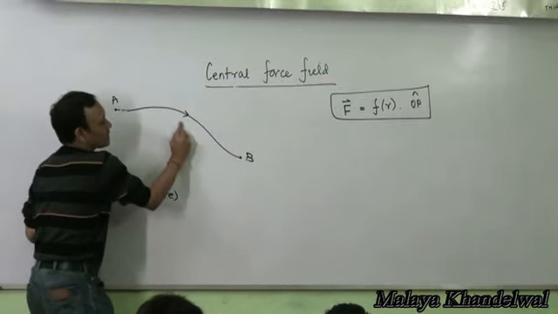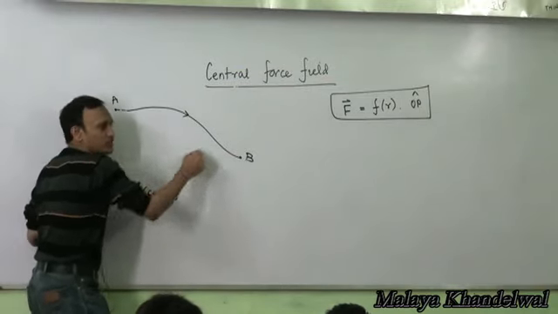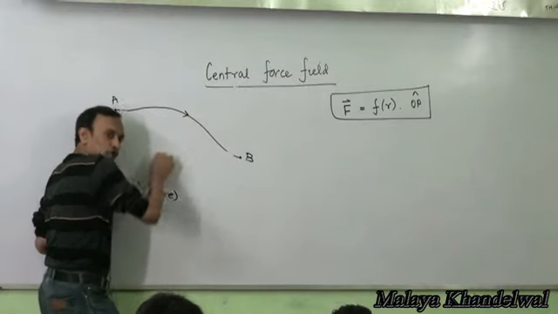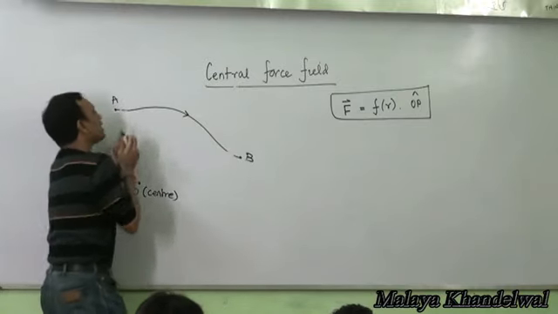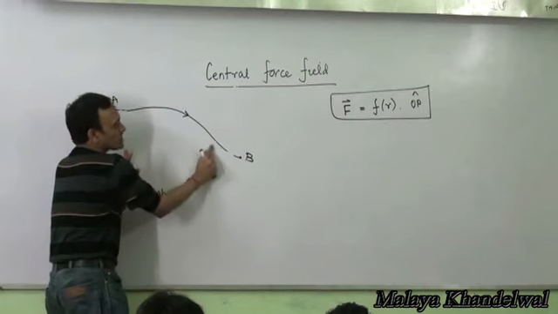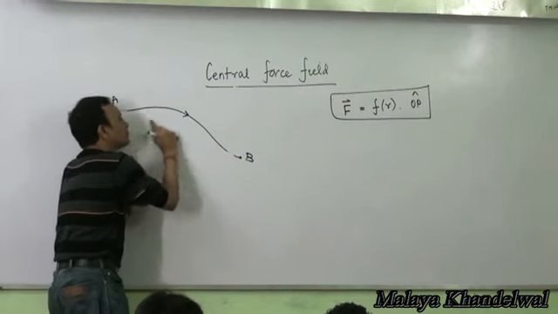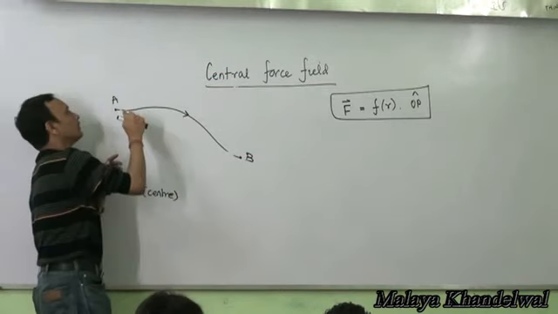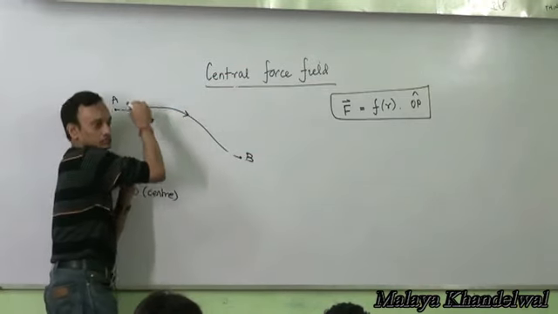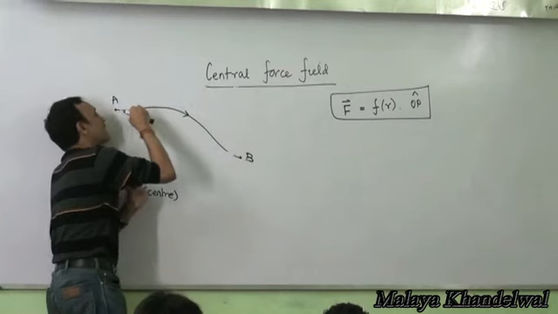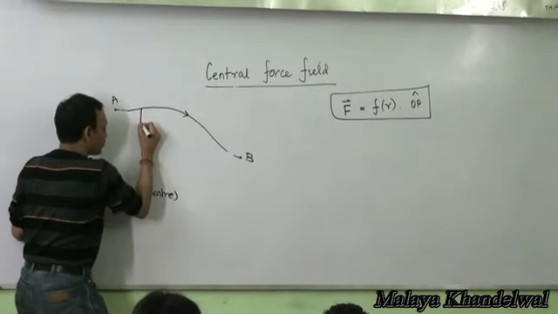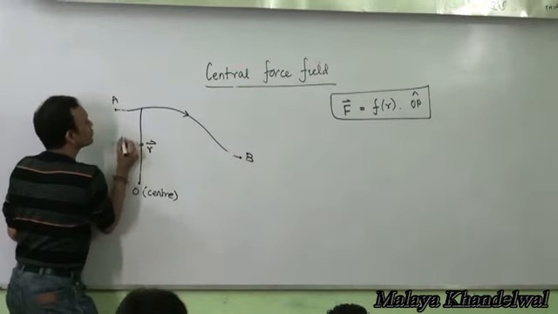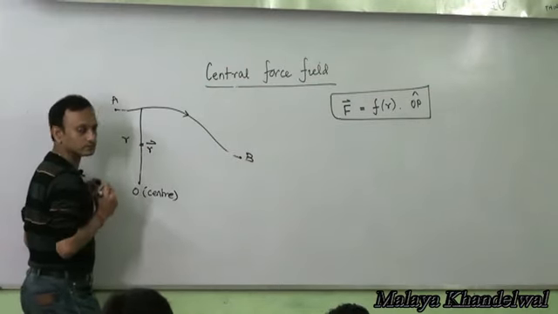Now, different points along the trajectory are at different distances from O. Therefore, the magnitude of the force experienced by the particle in its journey from A to B along a trajectory will, in general, have a different magnitude, because R is different for different points along the trajectory. Let's say this is R, the vector R, whose magnitude is R.